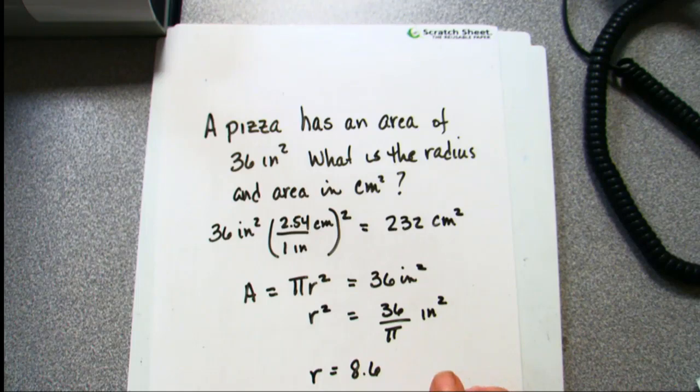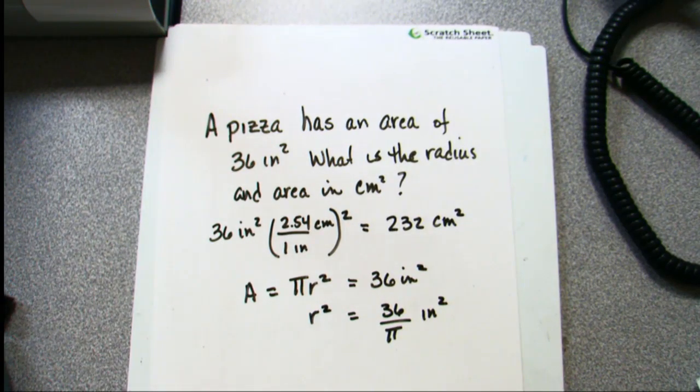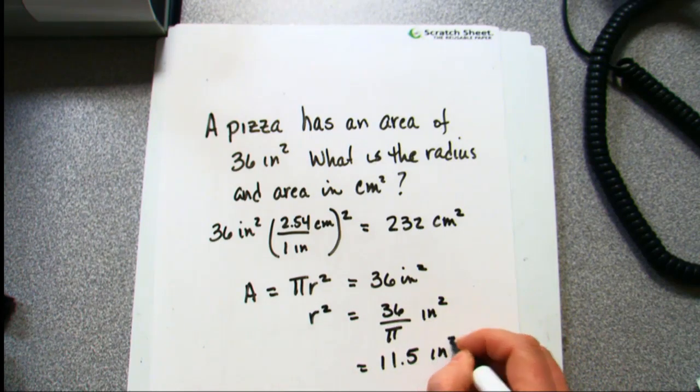No, sorry. What's the radius and the area? So if I do my 36 divided by pi, 36 divided by pi ends up being 11.5 inches squared if I do the square root.